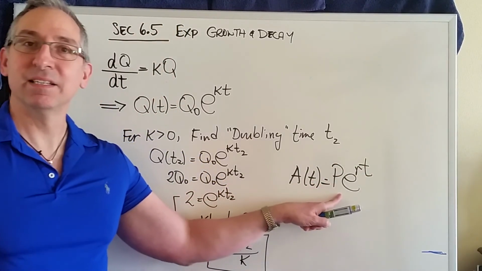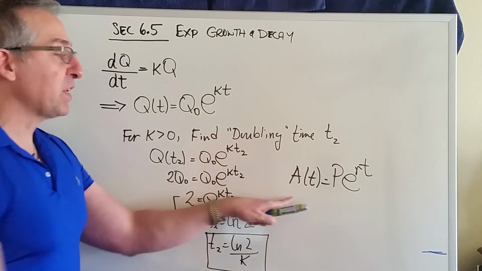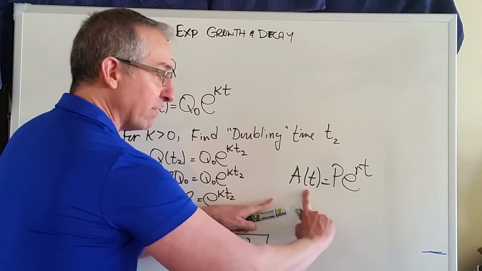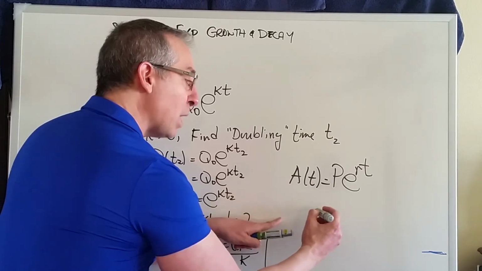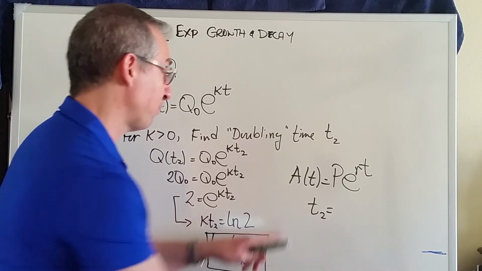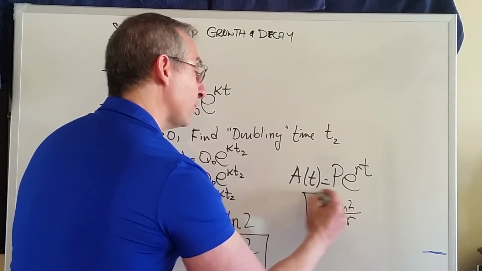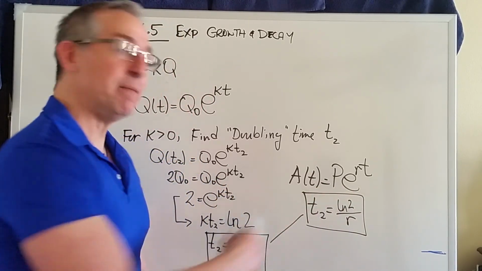Again, look at the formula. It's the same as this one right here. So over here, the time necessary for the initial quantity to double in size, your principal amount now. Same formula.